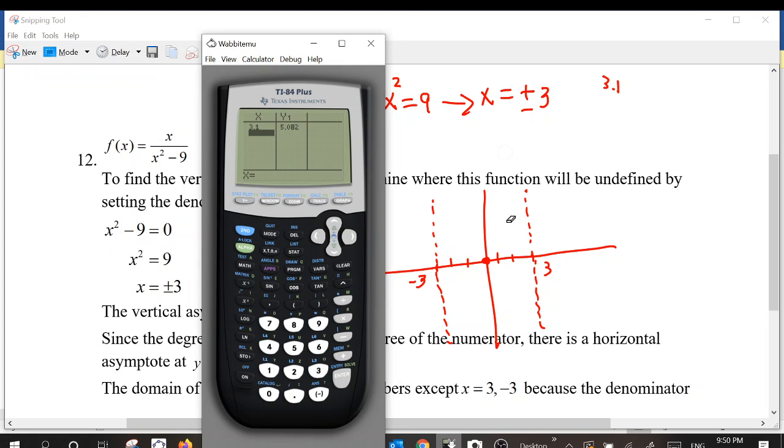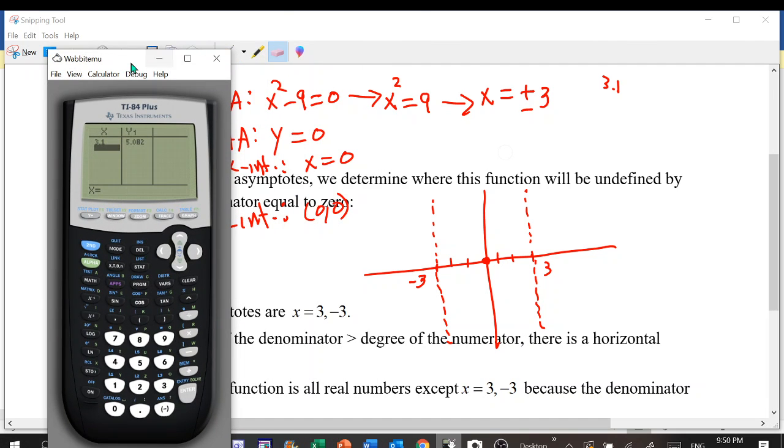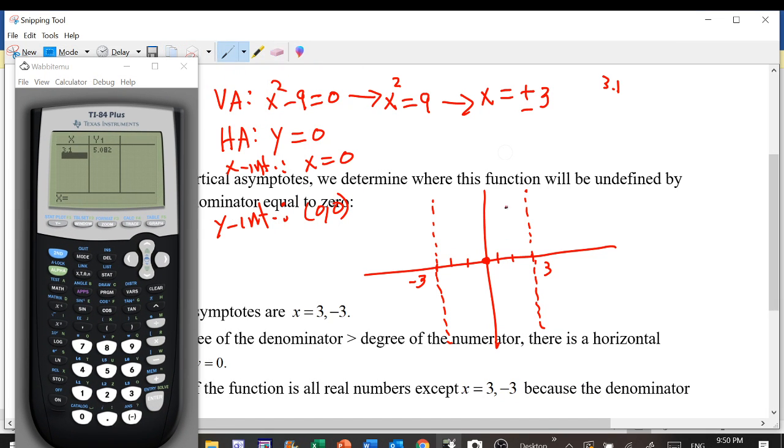Looks like it's positive. So that means the graph is where? The graph is over here, right? And the horizontal asymptote was actually the x-axis itself, right?